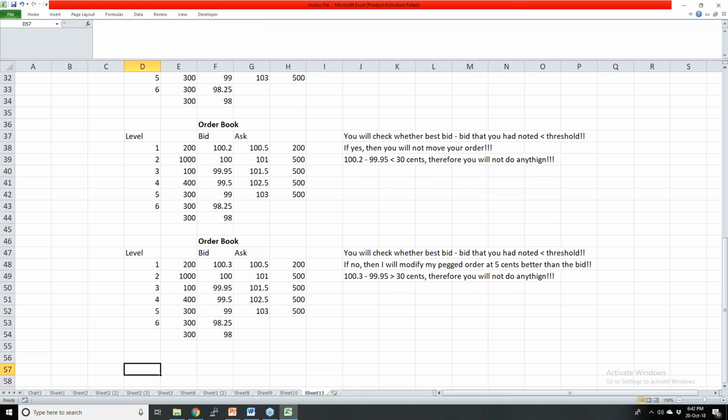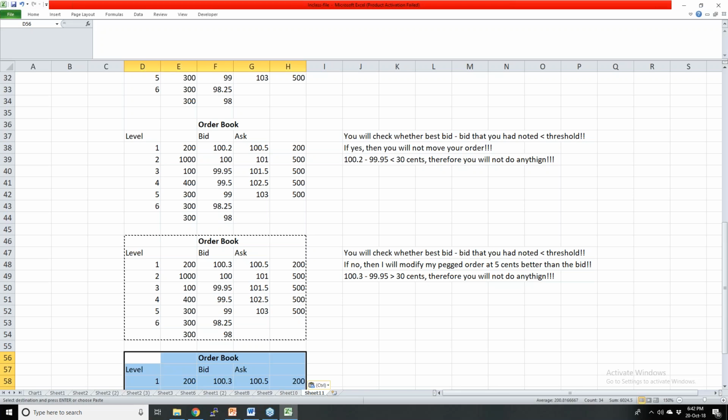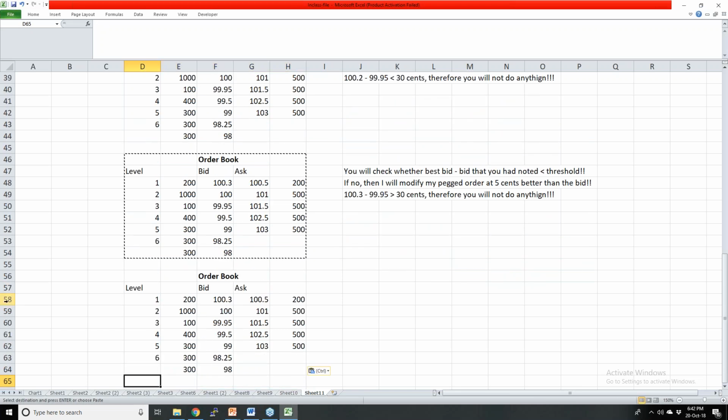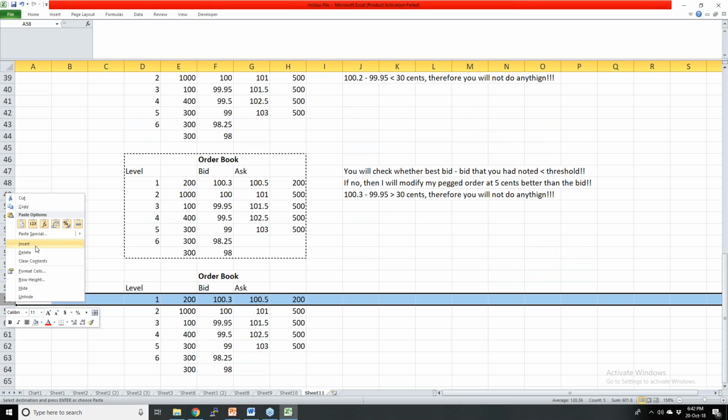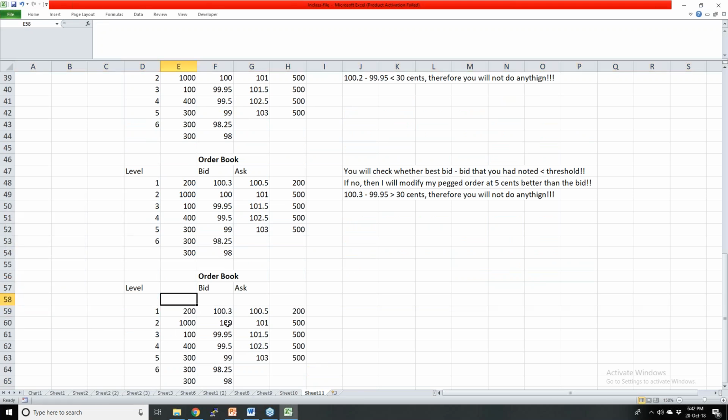So then if I fire it, this order will get removed, and this would be 1, this would be 2, and this will be the order book, right? Is this clear?